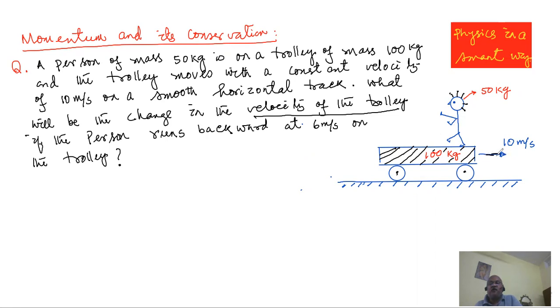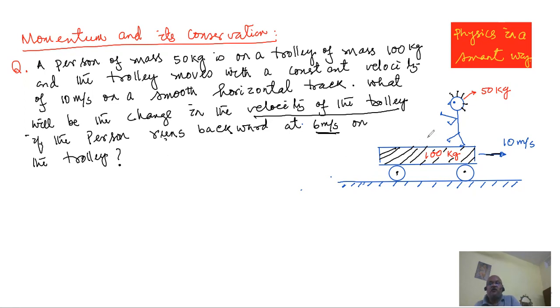We have taken the trolley motion towards the right, that is the forward direction. Now the person walks or runs backward with a constant velocity of 6 meters per second on the trolley. If I am at liberty to change the words, I can say 6 meters per second with respect to the trolley, taking the trolley as the ground.